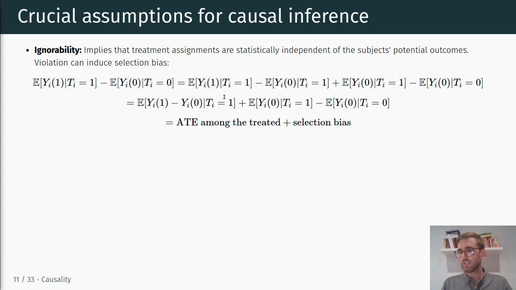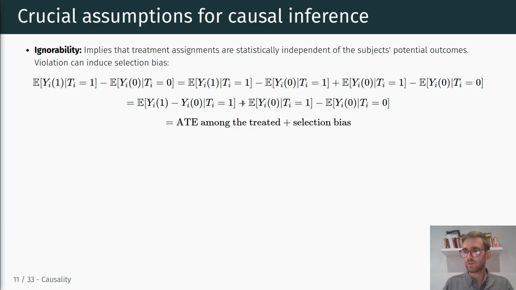Okay, so that's now the difference between yi1 and yi0 conditional on treatment assignment being equal to 1. That's what we call the average treatment effect among the treated. Okay, so you can think about this as the treatment effect among everyone who actually received the treatment.